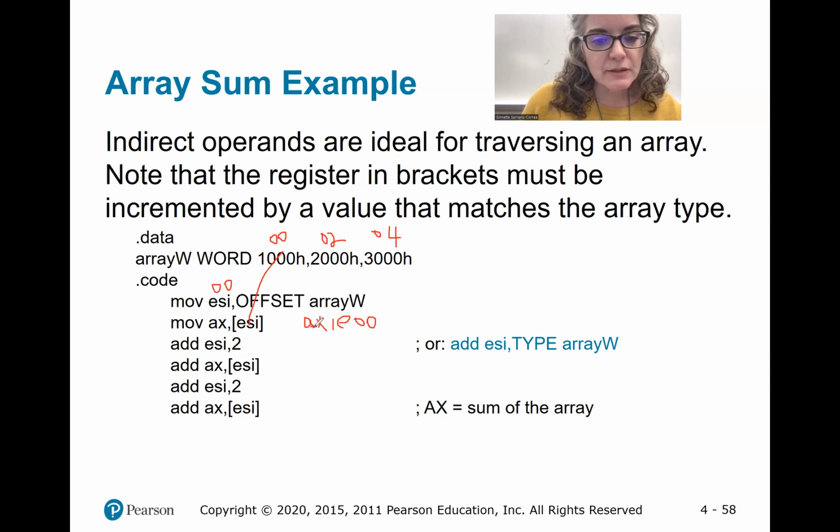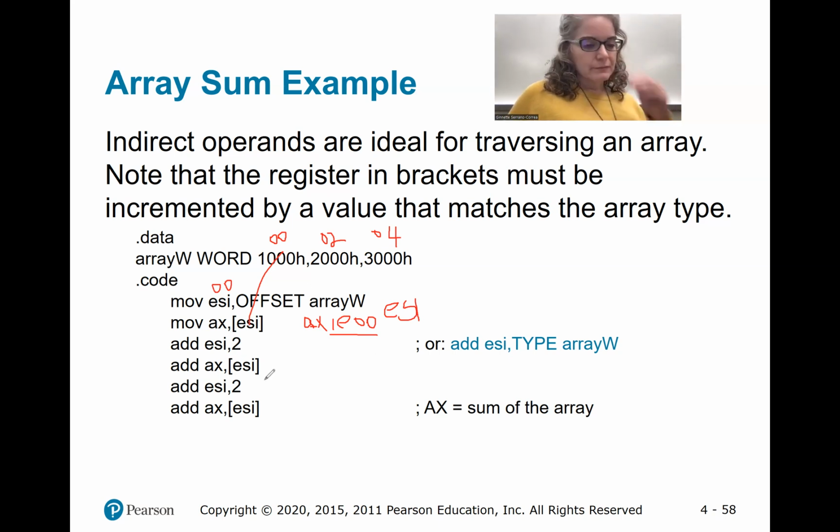That 2000 gets added to AX. This is what gets added to the value of AX, not ESI. So remember, if it doesn't have the brackets, it gives you the value. So ESI contains FF00, but ESI with brackets means it points to this address or whichever address.